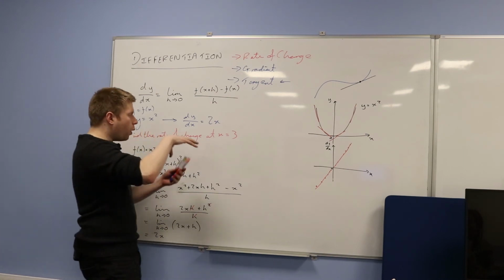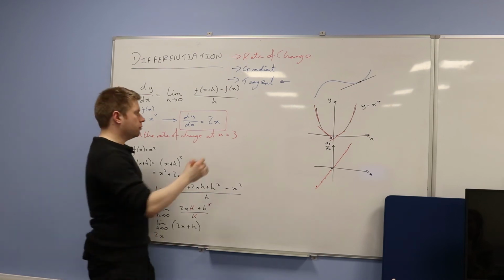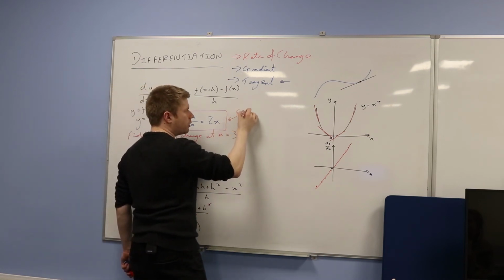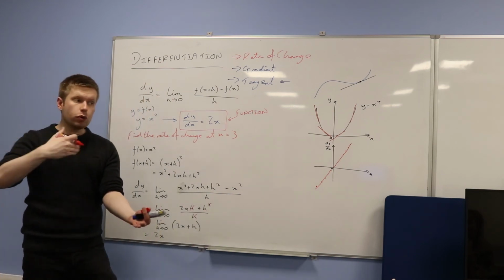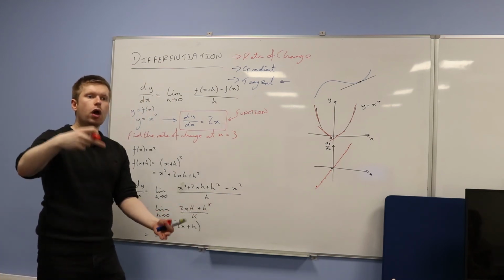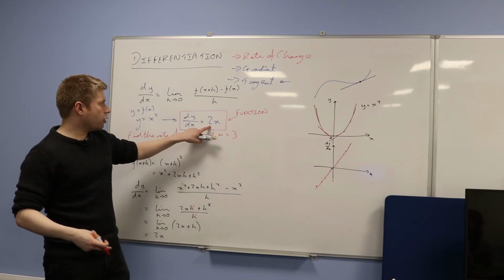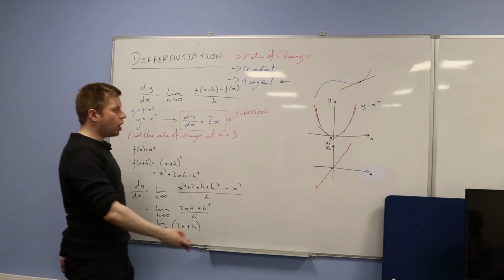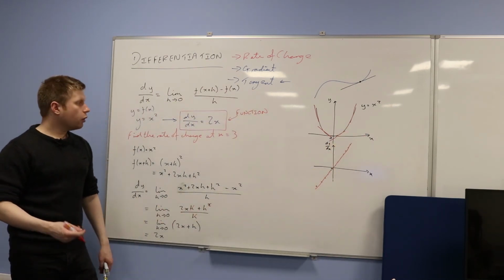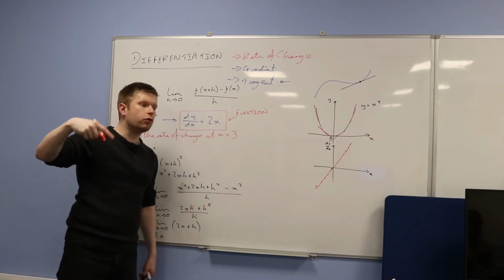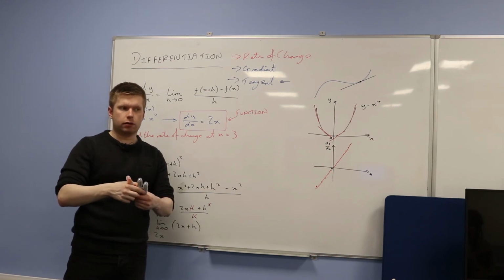But the point which I want to get across to people is this is a function. It's still a function. In other words, it still has an x in it, which means you need to tell me which x value you want to work out the gradient at, because at the moment I'm just saying that all of my gradients are changing linearly, in a straight line with gradient 2. Have I got the x value that I want to find?